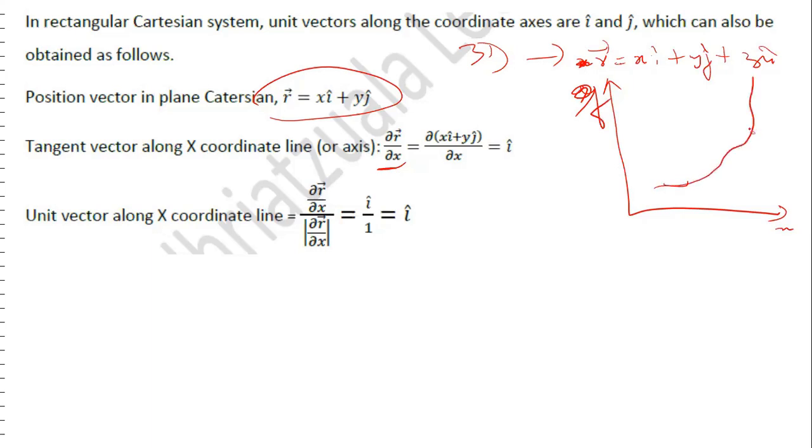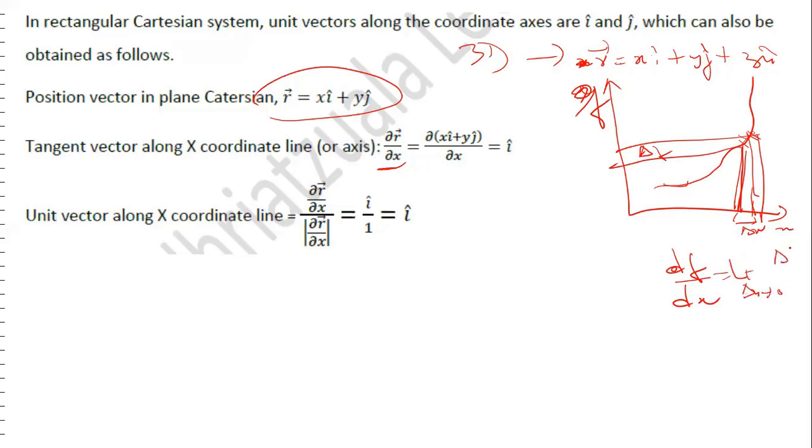If you take the differentiation df upon dx at any point here, we are taking an increment along x, del x, and changes along y, del f, under the condition that limit del x tends to 0. So df upon dx will simply give you a tangent at this particular point on the curve.